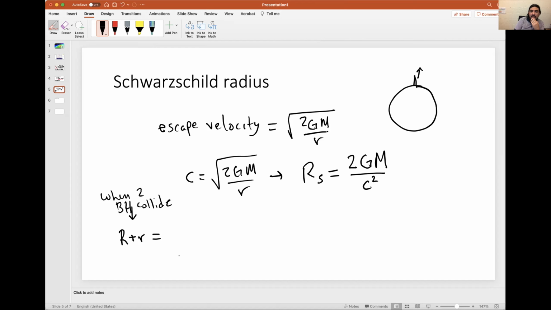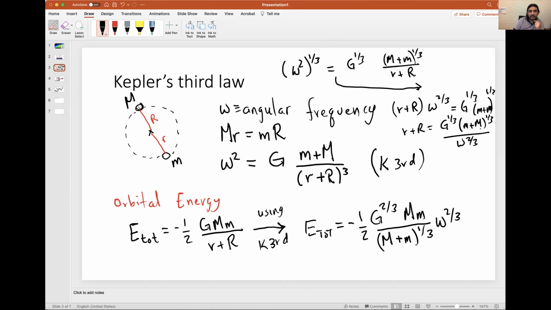And we can figure out what would be this escape velocity, and we would have these two masses. That's the separation here, according to that angular frequency that we have over here. We can rewrite it and put it in there.